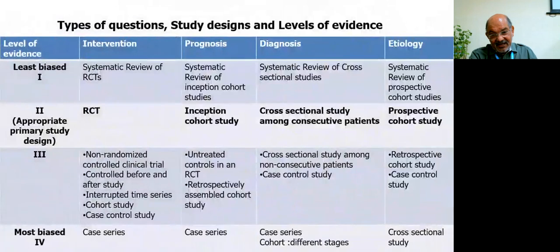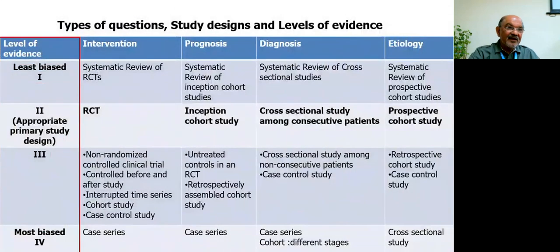So I learned subsequently that there are various kinds of study designs which are appropriate for the kind of question you're answering, right? If you have an etiology question, a diagnosis question, a prognosis question, or a treatment question, there are certain primary designs which have the least likelihood of being biased. So if you look down, case series, that means your experience is good.